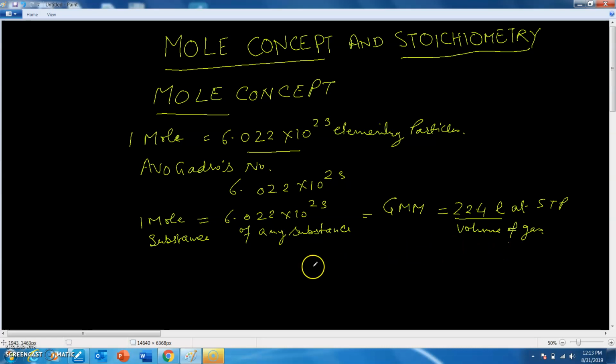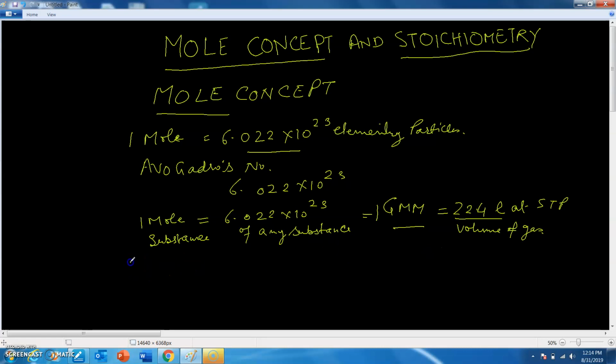That means 1 mole is equal to 6.022 into 10 raised to 23, is equal to 1 gram molecular mass, is equal to 22.4 liters of any gas at STP, standard temperature pressure.